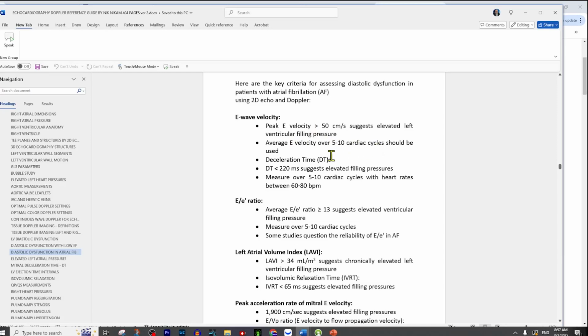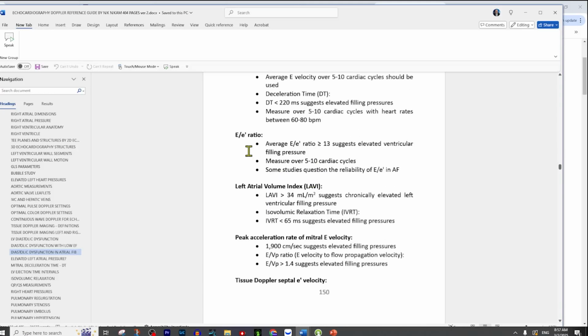Then we can also look at deceleration time. A deceleration time of less than 250 milliseconds suggests elevated filling pressure. Again, we have to measure that over 5 to 10 cycles. Then E to E prime ratio of greater than 13 is elevated, and again, you have to measure multiple cycles.